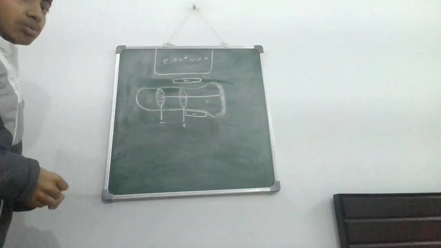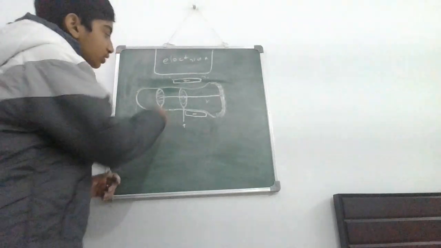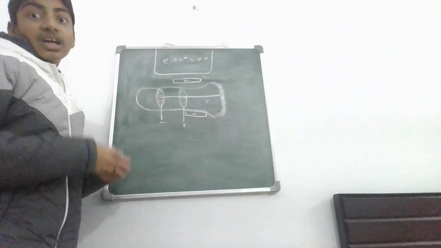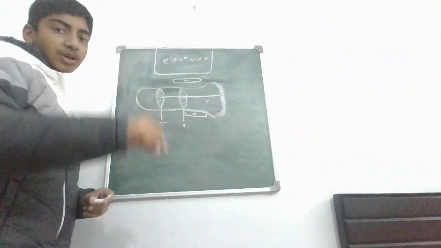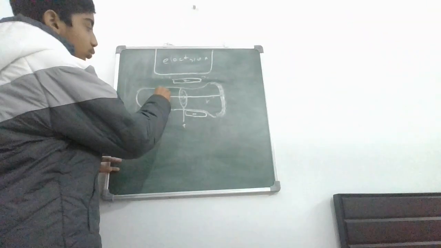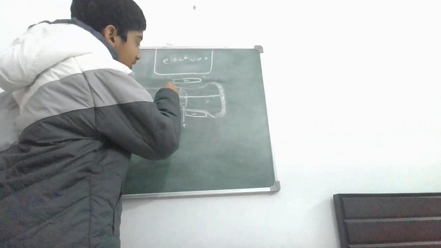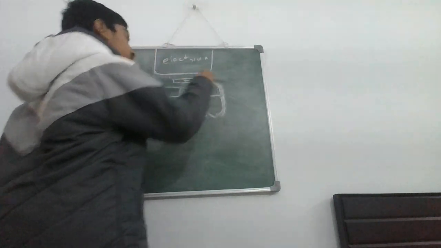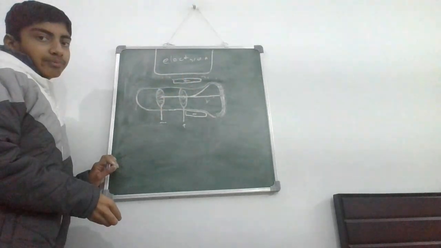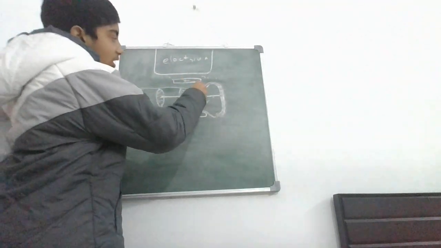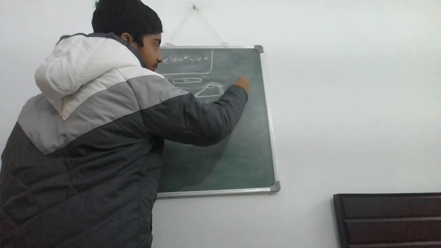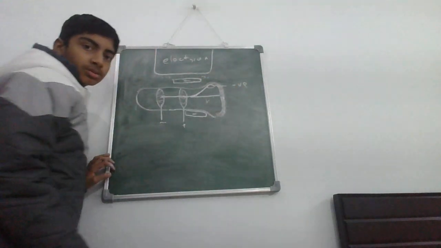So what would he observe? We now know that this beam is made up of electrons, but he wasn't sure if it was negatively charged or positively charged. So he saw that the electrons move up towards the positive. So he thought it gave a sign that this beam was made up of a negative charge.